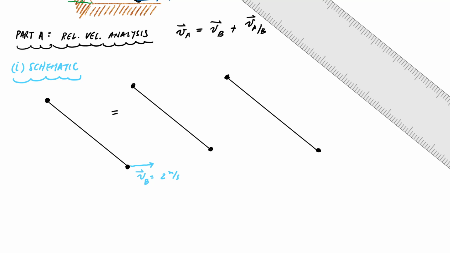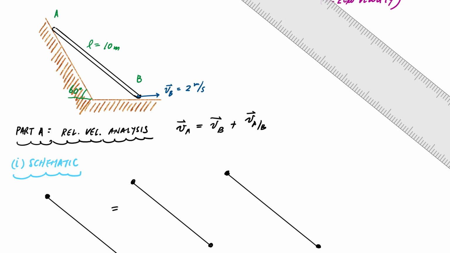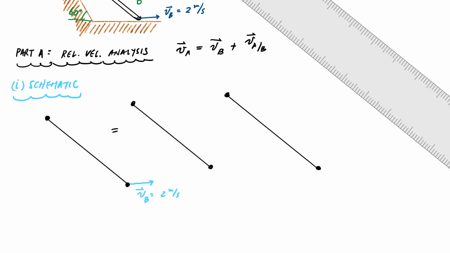I don't know VA. I'll guess that VA, because of the ladder leaning and sliding against the incline, is going down the incline like this, but I don't know its magnitude.